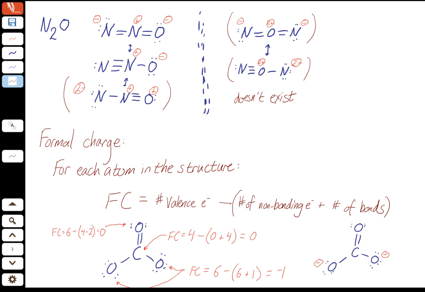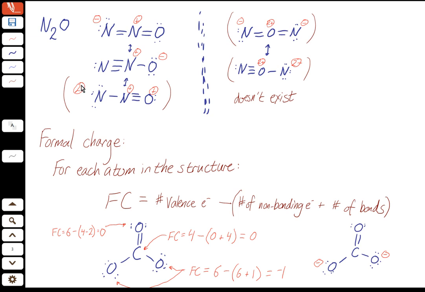Oh, that's because I did this wrong. Why don't you guys catch me? That should be a neutral formal charge, right? Because oxygen 6 minus 4 minus 2 is 0. So the second one still probably seems a little bit better, but we expect a little bit more of a hybrid between the two. And I think that's true. I'll try to look that up and see. This final one down here is probably not an important contributor to the overall hybrid. So the hybrid is likely a weighted average of these two, not so much of this one, because of the 2 minus formal charge.